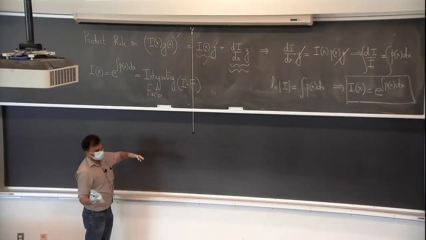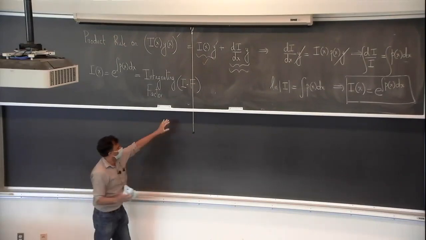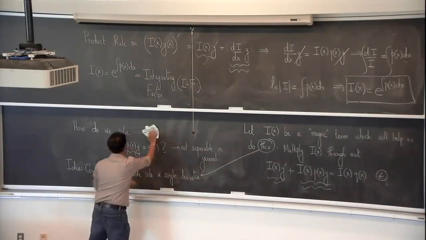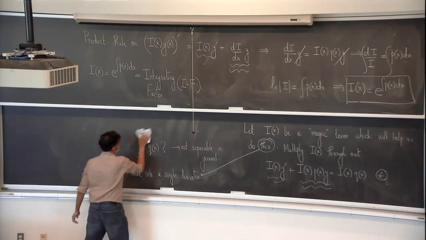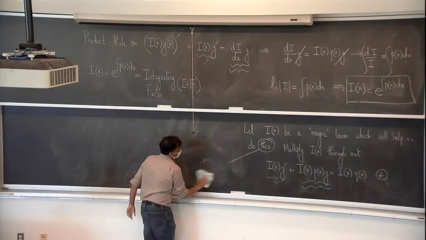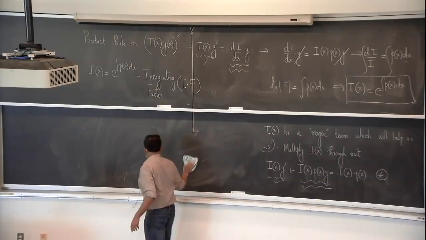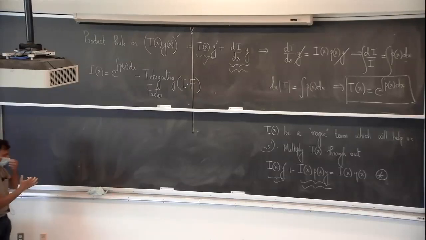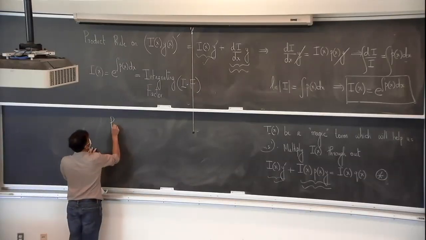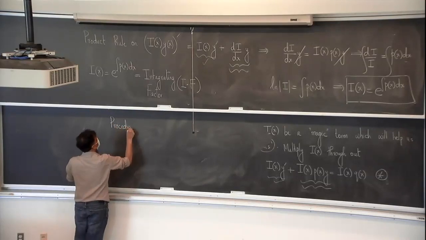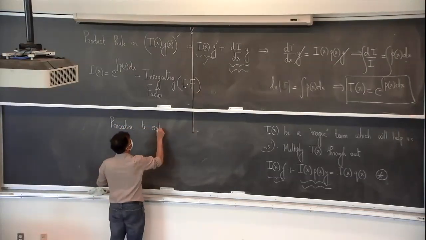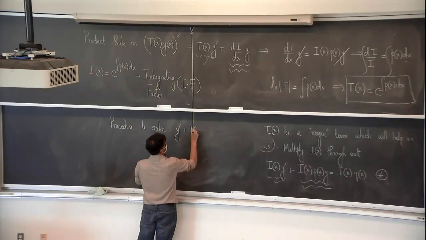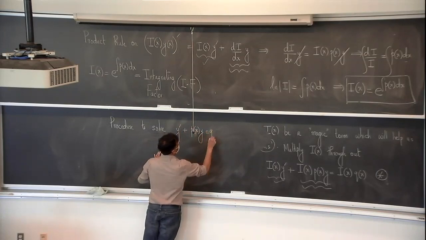Those of you who took a break during the derivation, come back. It's kind of an algorithmic problem. Just follow the steps one by one, you'll reach the answer, but do it carefully. So the procedure to solve y prime plus p of x times y equal to q of x.